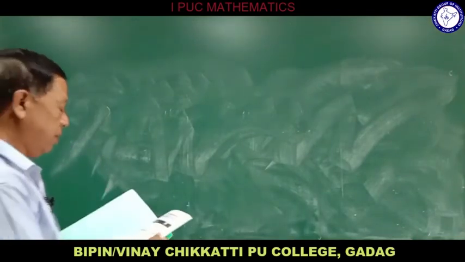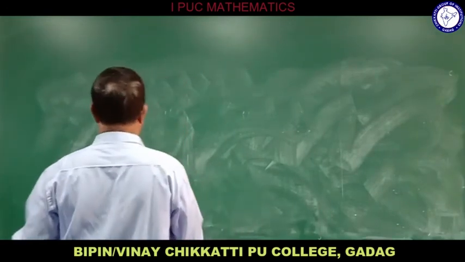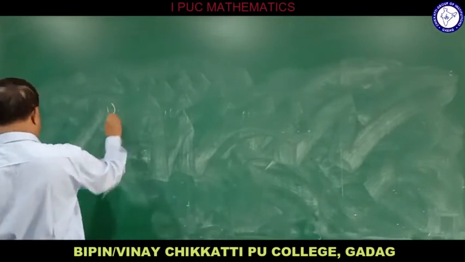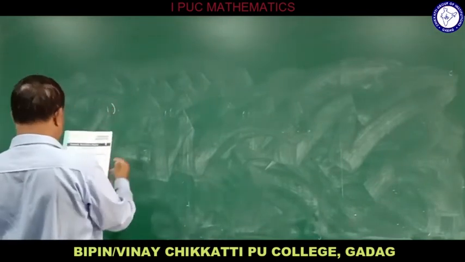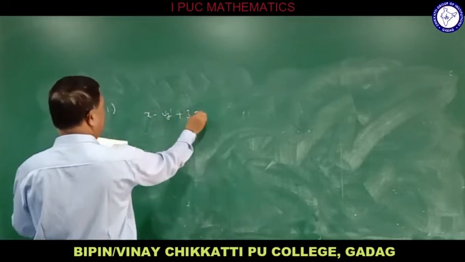See, again a model question paper, model question paper number 1: find the slope of the line x minus y plus 3 is equal to 0.